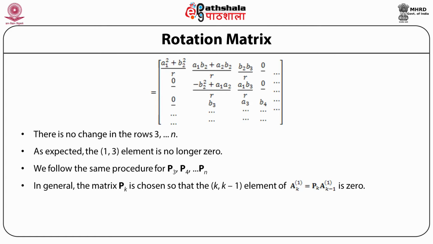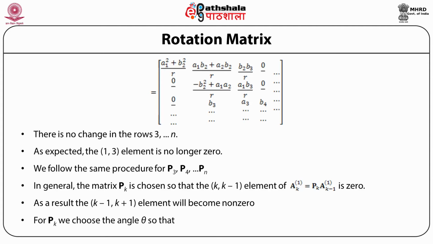In general, the matrix Pk is chosen so that the (k, k minus 1) element of Ak^(1) equals Pk into A(k minus 1)^(1) is 0. As a result, the (k minus 1, k plus 1) elements will become non-zero.